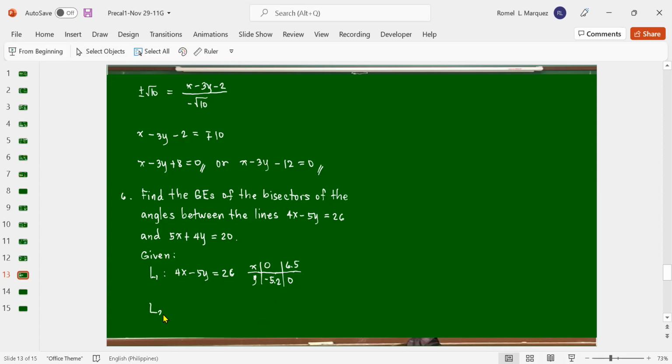What about line 2? 5x plus 4y equals 20. When x is 0, y is 5. When y is 0, x is 4. Okay?